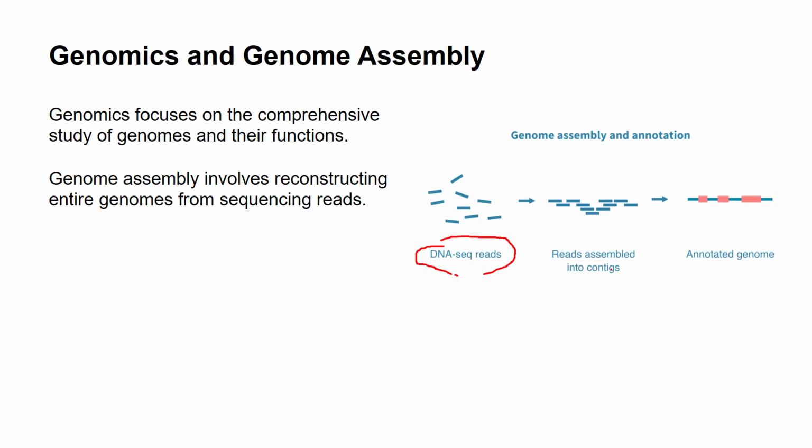The reads are assembled into contigs, and then after you have the contigs, you will have an annotated genome. So genome assembly involves reconstructing the entire genome from the sequence reads. From this figure, the different DNA sequence reads are used to assemble the reads into contigs, and then finally we have an annotated genome.